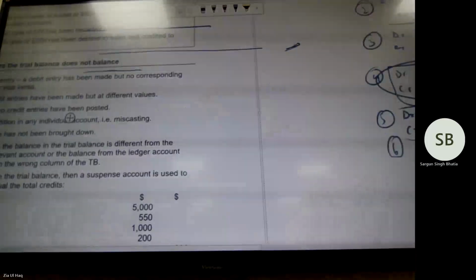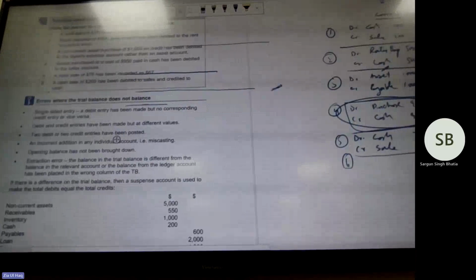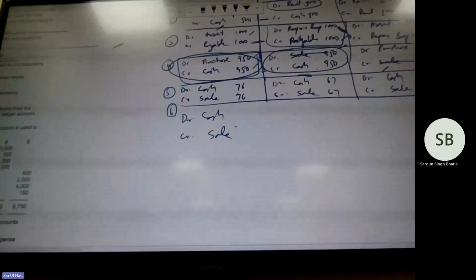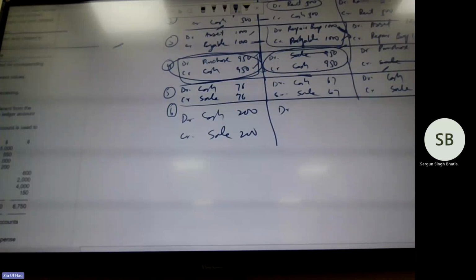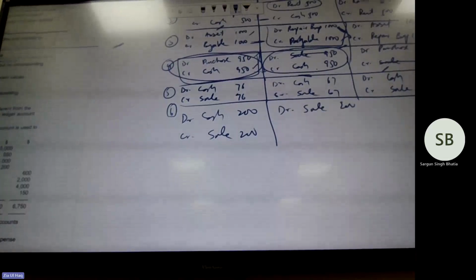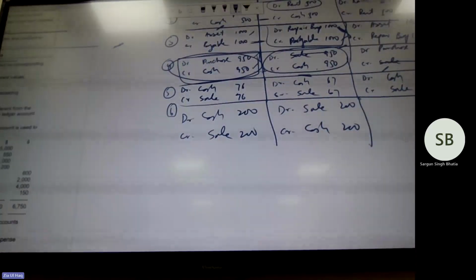They have recorded the wrong entry in reverse. The entry should be debit cash and credit sales with how much amount? 200. Yes, sir. They have recorded debit sales 200 and credit cash 200. How can we rectify it?